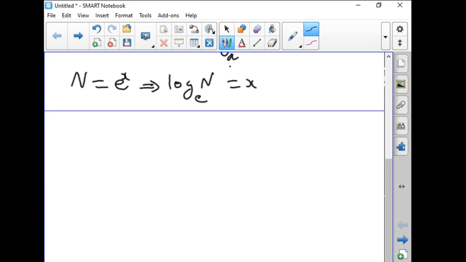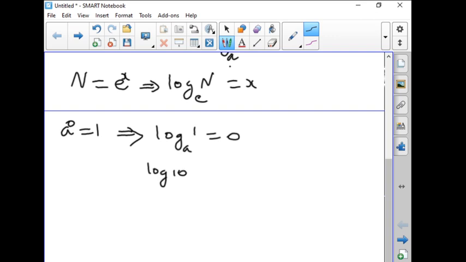Now, we know that a power 0 is equal to 1. So, writing in logarithmic form, how will you write? Log 1 to the base a is equal to 0. So, the value for log 1 is 0. So, what about other things?